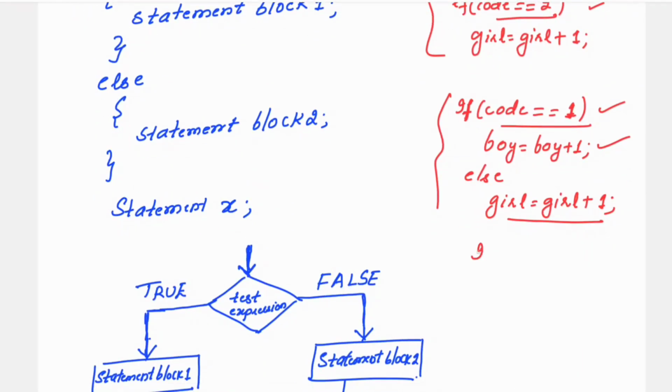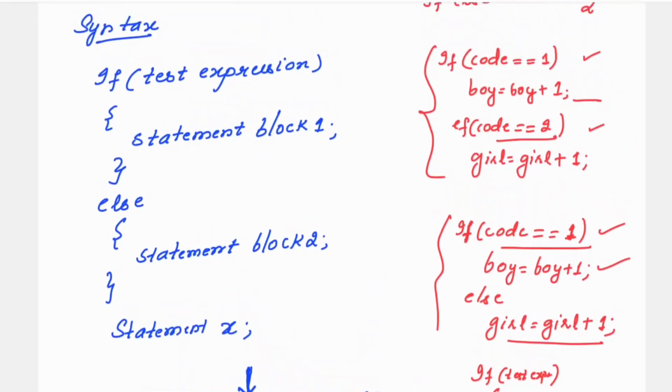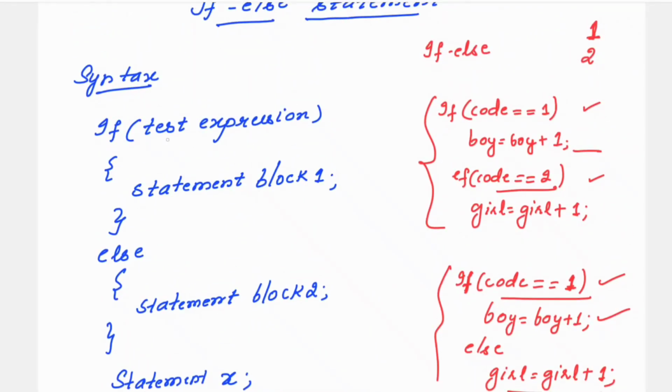So we always write the if condition, or test expression, and in its block we write the statements to run if it is true. Else, we write the statements to run if it is false. This is the syntax. If the test expression is true, statement block 1 is executed, meaning whatever is written in this block.